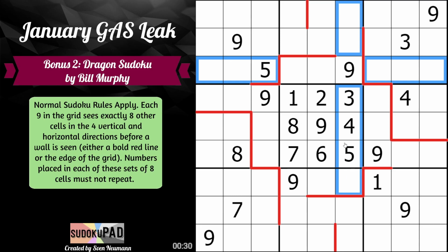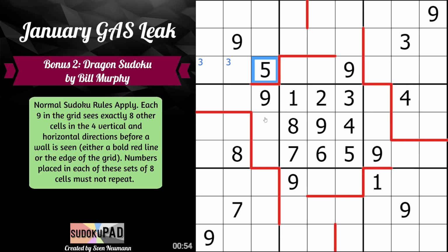So for example, 5 matches with this 5 here. That means 3 and 4 will appear somewhere here, and actually right away, 3 gets eliminated from there, which tells us 3 goes in one of these two cells, because we need the 3, 4, 5 to match up. And we can probably use that. That's not necessarily a good pencil marking, but we can use those concepts throughout the grid.